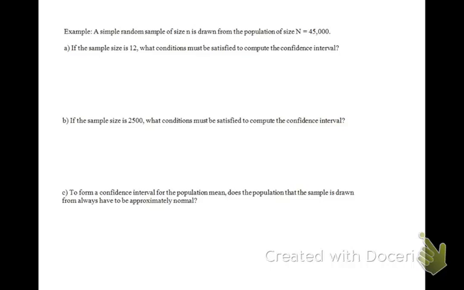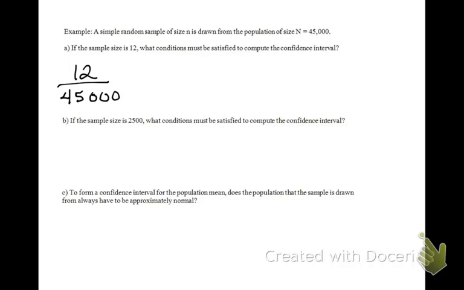Let's just practice working with these assumptions for a minute. A simple random sample of size n is drawn from a population of size 45,000. If the sample size is 12, what conditions must be satisfied to compute the confidence interval? We need to figure out if we sample 12 people, that's equivalent to what percent of the population being sampled.